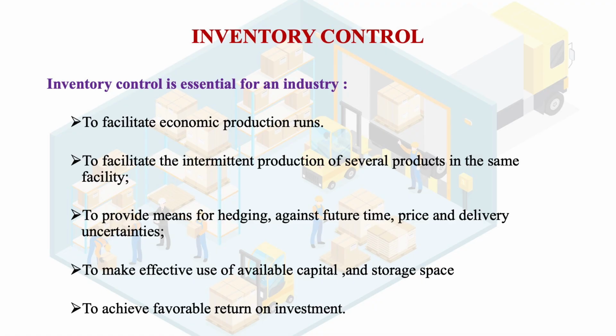We use the storage space and available capital to keep the main production line uninterrupted and fast. To achieve a favorable rate of return, if you control the inventory and the main production line, you achieve higher profit and a favorable return on investment. Whatever capital we invested, we can have a good return on it.